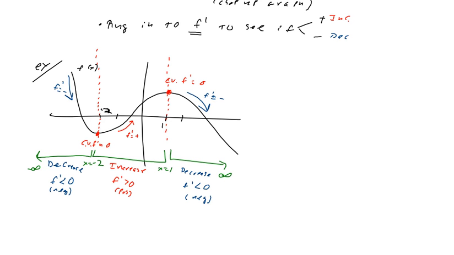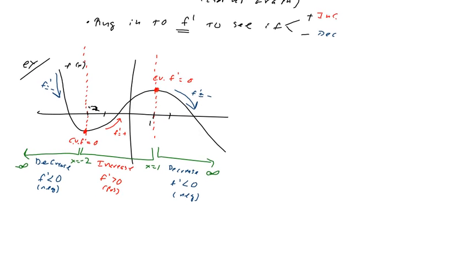There are 4 potential ways that critical values can change these graphs. So let me summarize here.